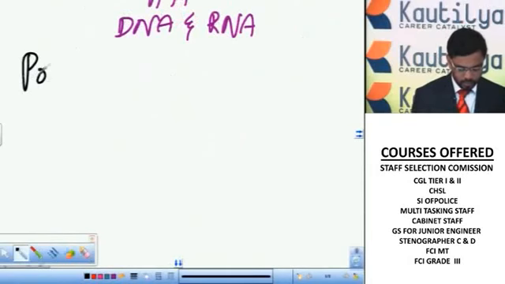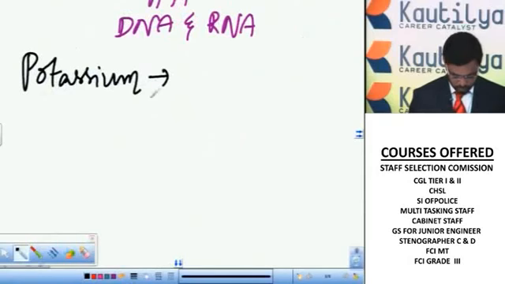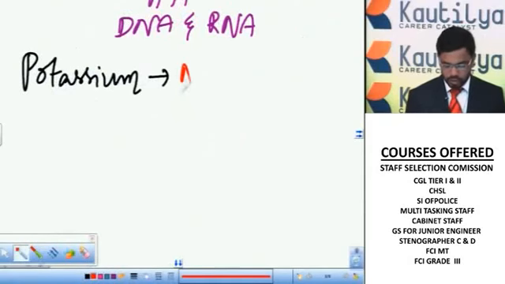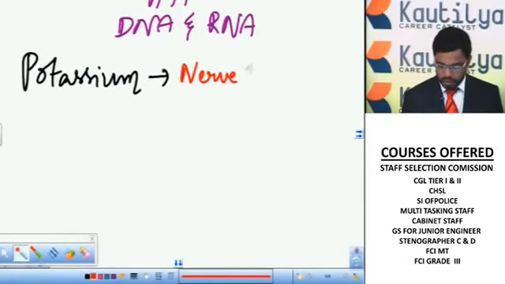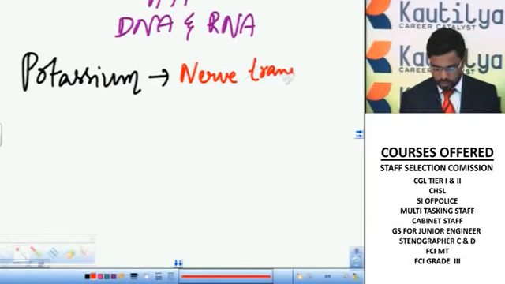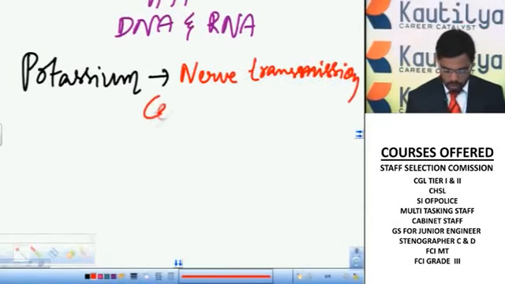Potassium. Potassium is useful for nerve transmission, cellular permeability.